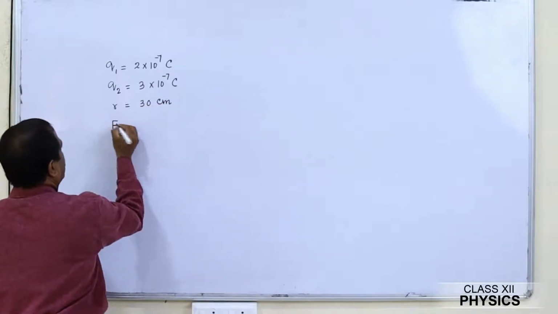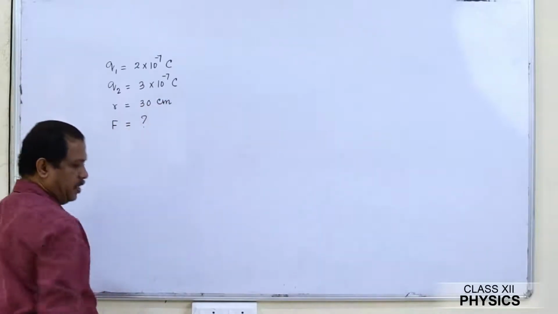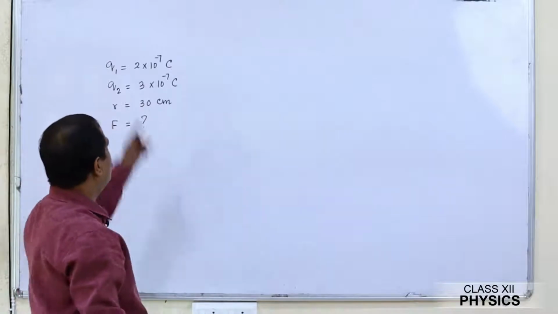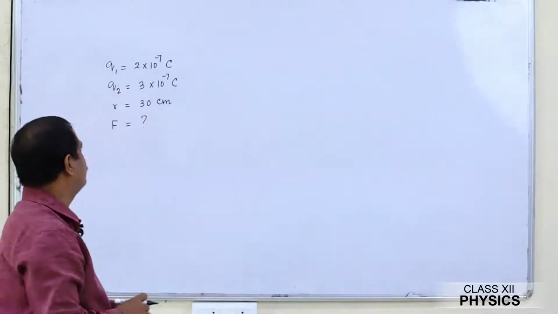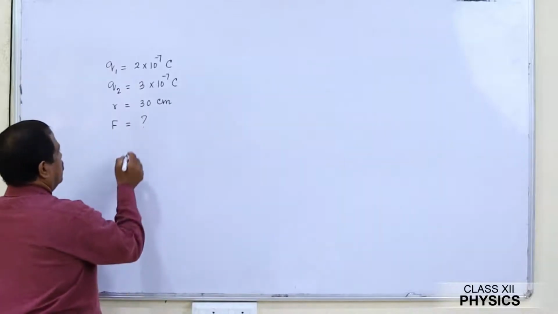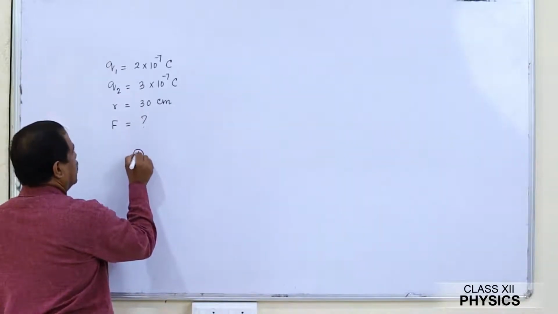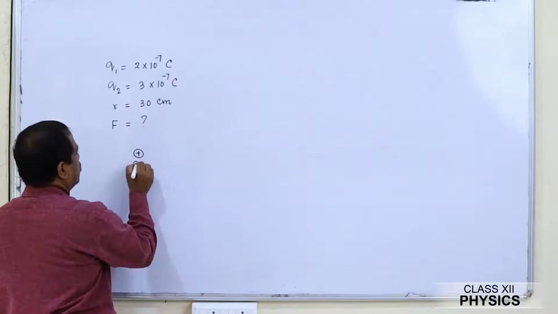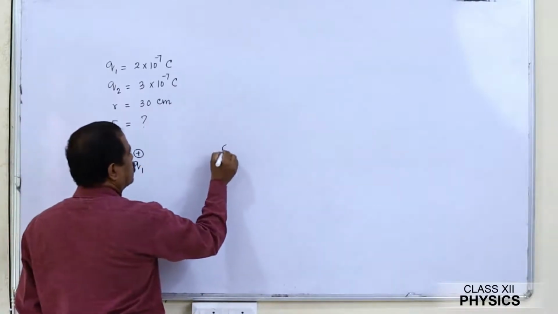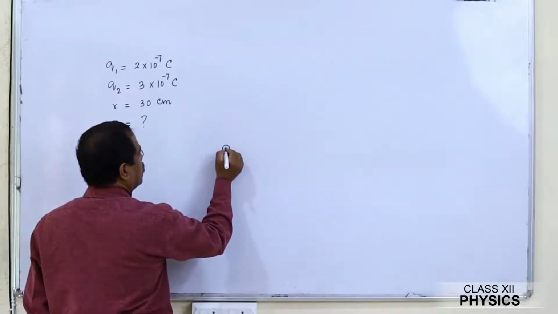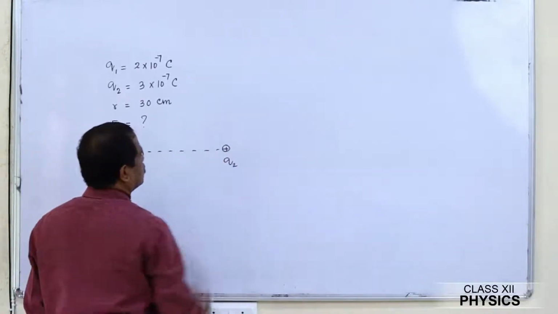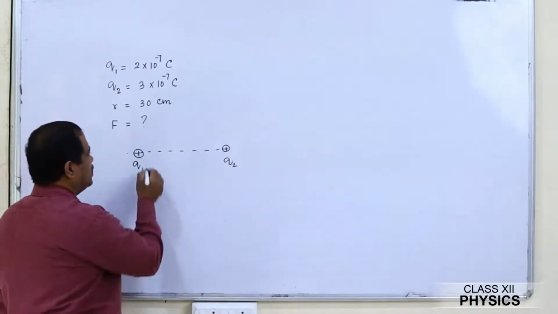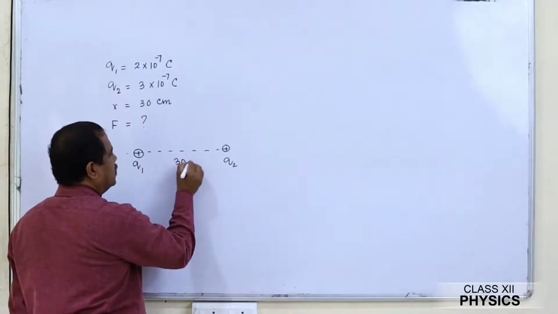I want to calculate what is the Coulomb force experienced by any one of the charges, either Q1 or Q2. So let us assume that this is charge Q1 and the other charge is Q2, and this is the line joining the two charges. The two charges are separated by a distance of 30 centimeter.